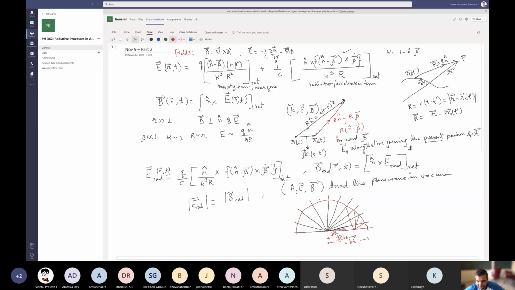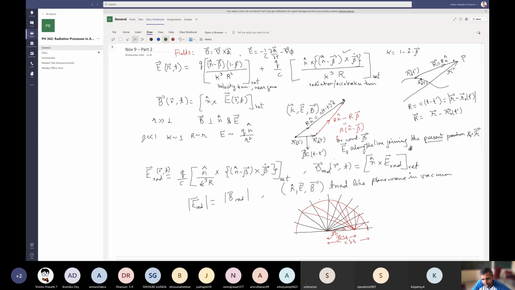If beta is 0, you're just like Coulomb's law. This is your electric field inside. Whereas outside, let me use some other color.